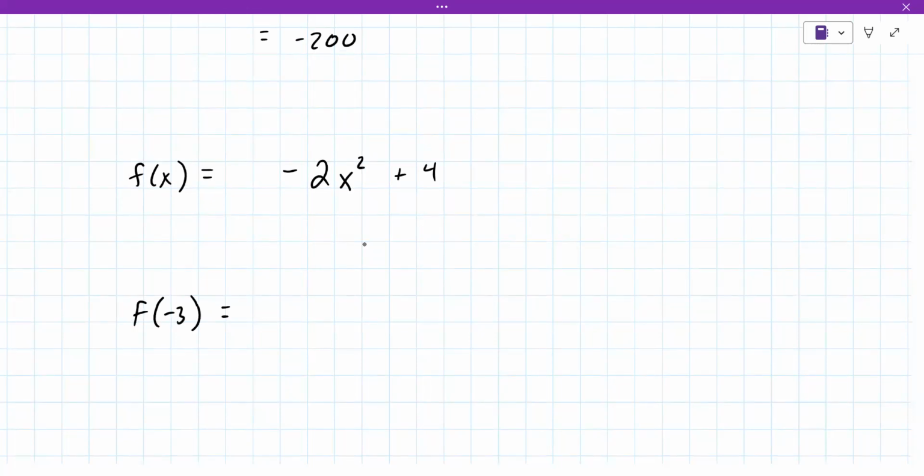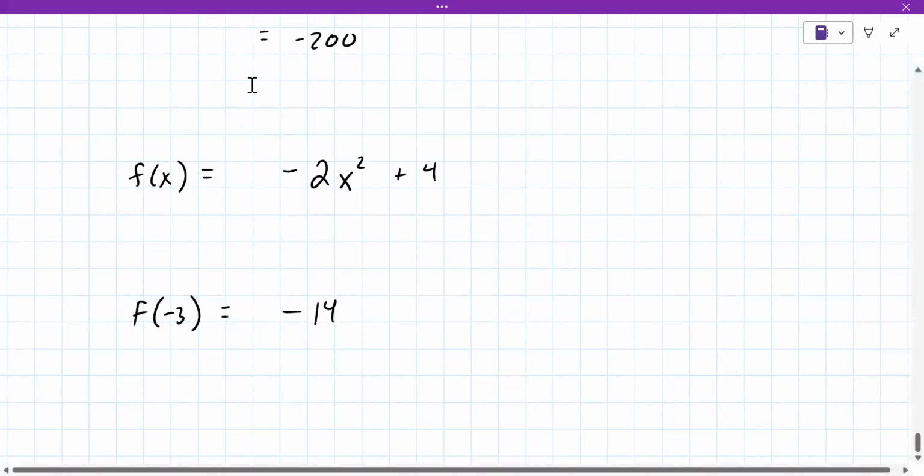That would be 9 times negative 2, negative 18 plus 4, negative 14. Yes, negative 14 is correct.